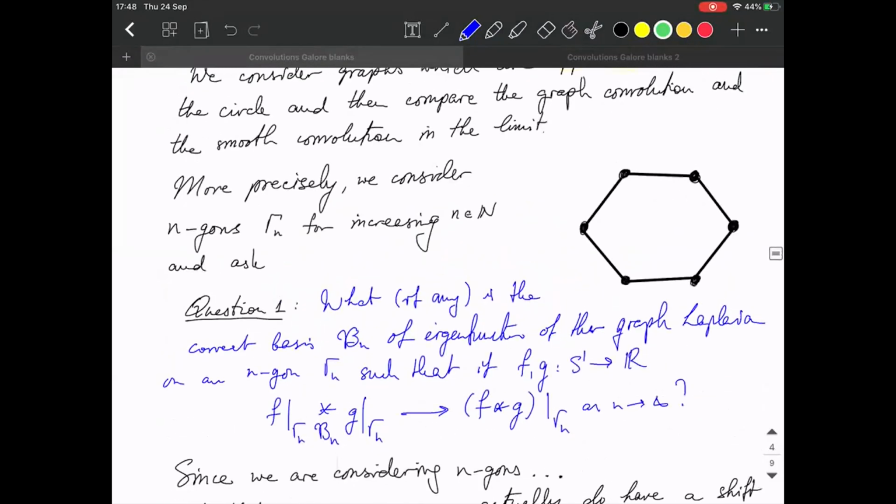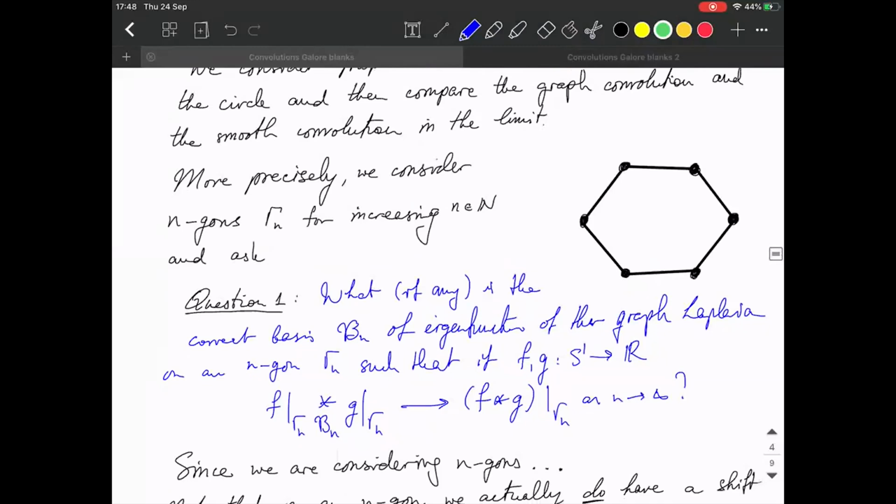Now let me label this graph a little bit. I'm going to label its vertices like this. So this one is going to be 1, which is t to the 0, and then t, t squared, t cubed, t to the 4th, and t to the 5th.